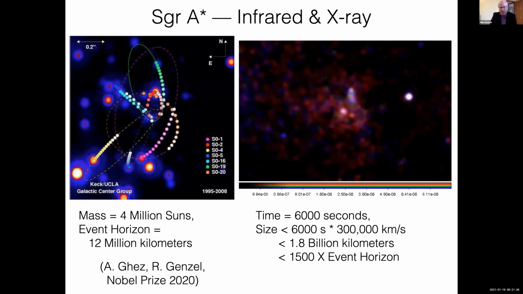Here are light curves of Sagittarius A* in the X-rays. On the left is a typical observation, and what I've plotted there is the number of counts per 200-second time bin over a course of roughly 30,000 seconds.